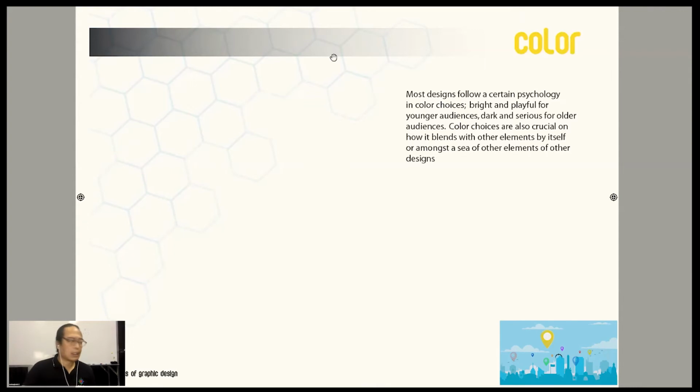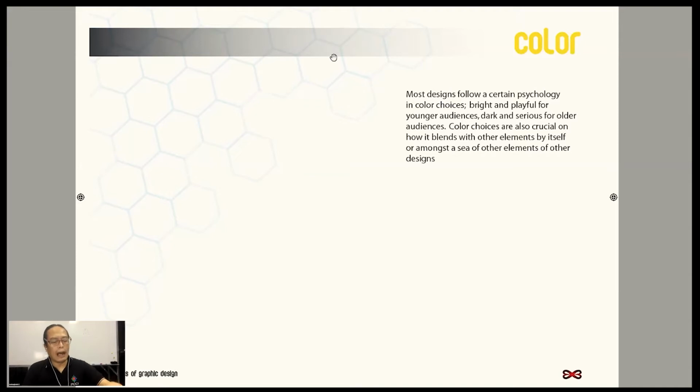Now, most designs follow a certain psychology. Someone said that when it comes to food, it's mostly red and yellow. Most of the icons that we see, for example, Mang Inasal.